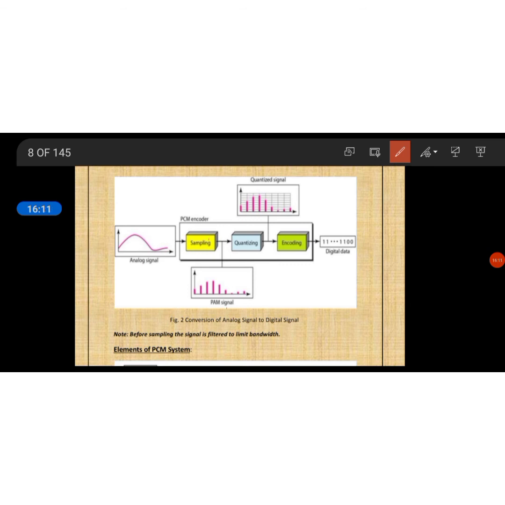After sampling, the signal is given to quantizing. Here two kinds of process happen: one is truncation, another is rounding.